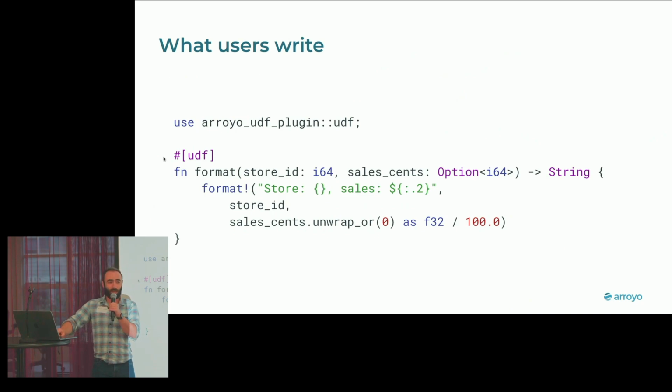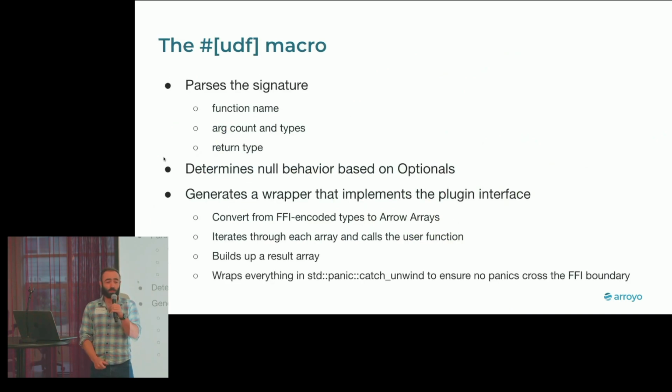It's this UDF macro. That macro is doing a bunch of things that make this all work behind the scenes. It parses the type signature, so it figures out the name of the function, so that's how you're going to call it in SQL. It figures out what the arguments are, what the types are, and the return type. It figures out the nullability behavior of this function based on whether things are marked as optional or not. So if it's optional, we're going to call it with all of our data.